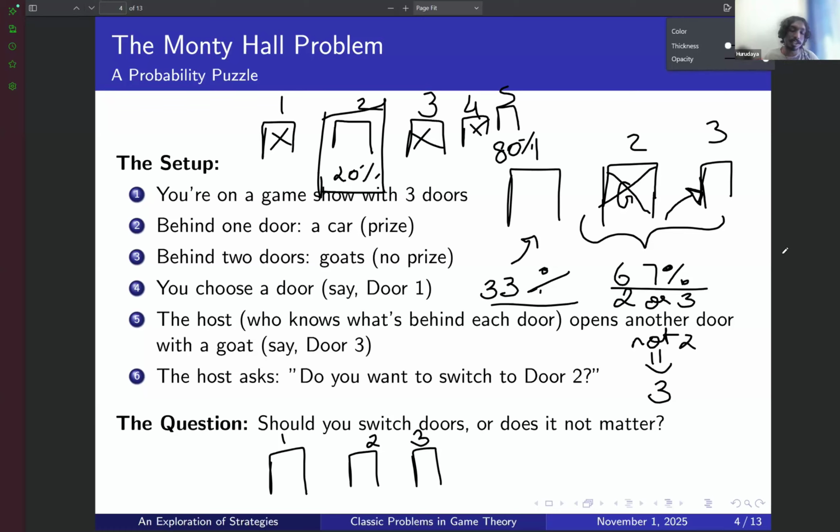But then, assuming we choose one, and the host opens door 2, it becomes a 33% versus 67% chance. Similarly, if we had chosen 3 originally and the host opens 2, it becomes a 67% chance for 1 and a 33% chance for 3, right?